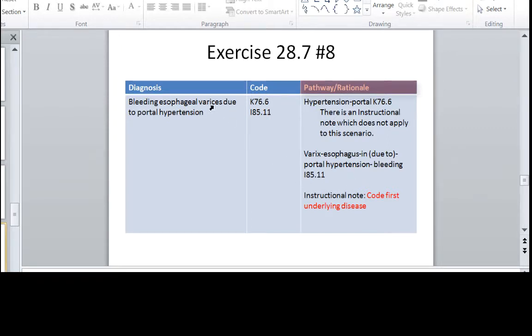And another word for varices, this term right here, is varix in the alphabetical index. So it's varix esophagus due to portal hypertension, with an instructional note to code first the underlying disease. And we know that the underlying disease is the portal hypertension. So that explains your path for this particular exercise.